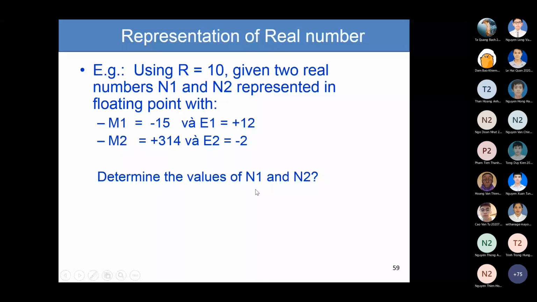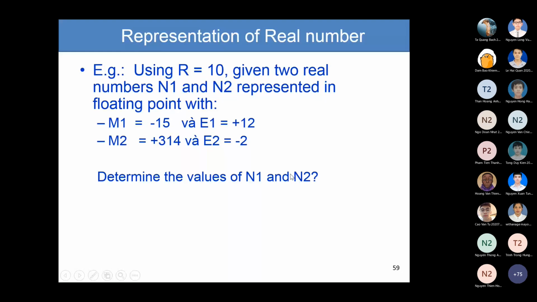So the value of n1 equals minus 15 multiplied by 10 power 12, right? And the number n2 equals 314 multiplied by 10 power minus 2. So actually n2 is the pi number in mathematics.